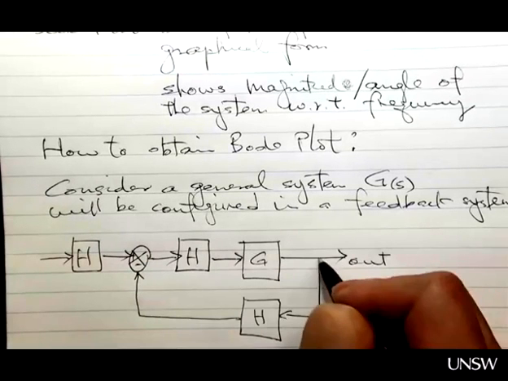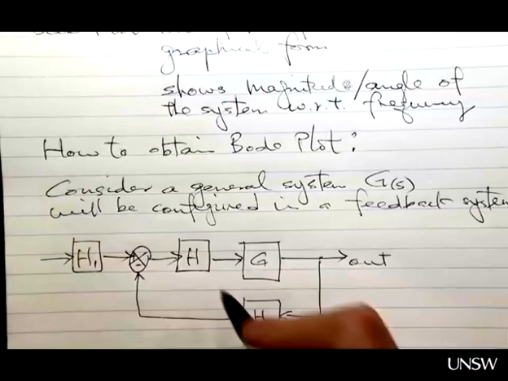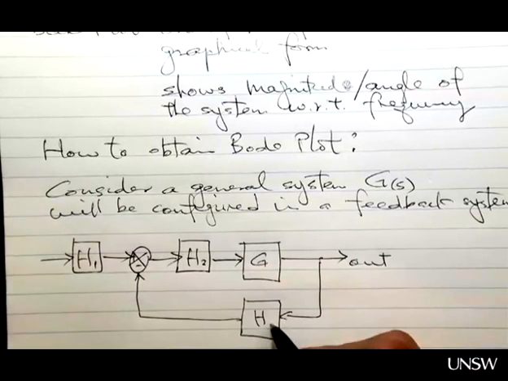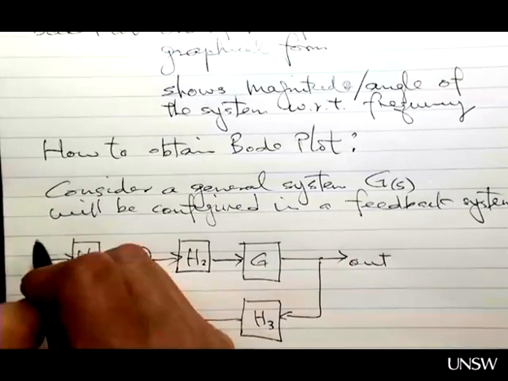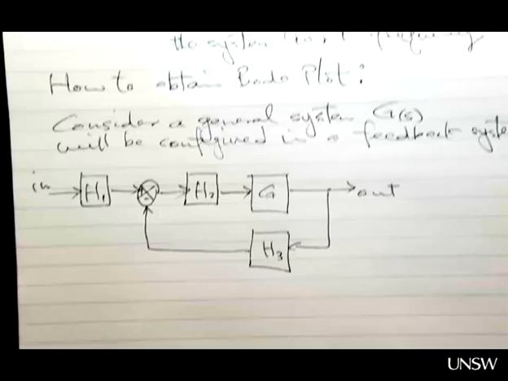So temporarily, we call them H1, H2, H3, and this is the input. So this is the system that we are considering.